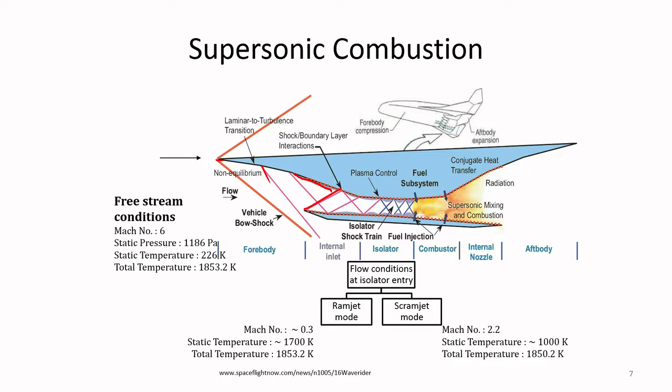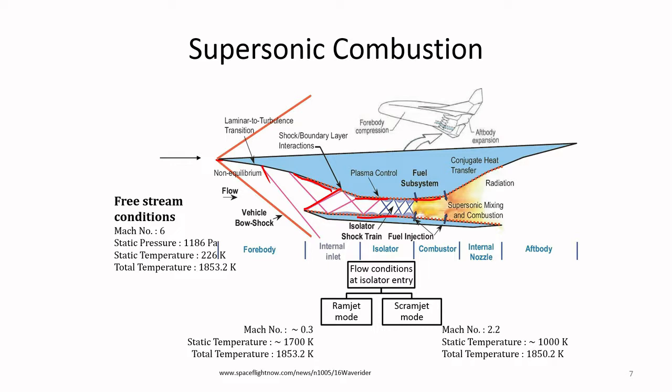Okay. And then of course after the external inlet and after the internal inlet, you can have an isolator. I'll come to the isolator, which contains essentially the shock train. And then you have this combustor. The combustor comprises the fuel injection system, where you are injecting the fuel, and it can have a flame stabilization system.